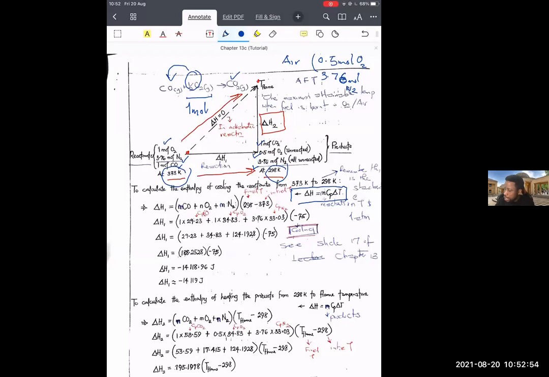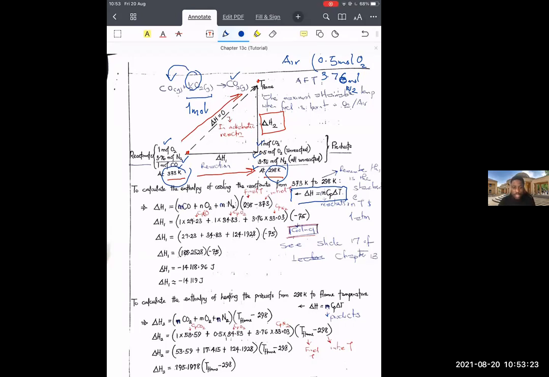We've been given heat capacity CP, and we have the change in temperature. Let's just plug those in. We have to calculate the enthalpy of cooling at the reactants. How do we do that? Remember, we've said M is for the reactants and N is for the product.